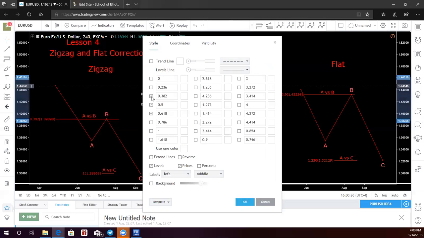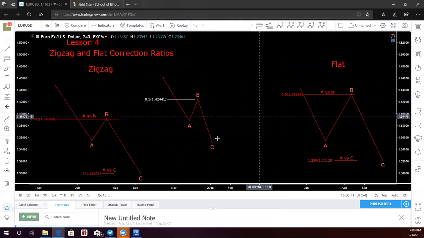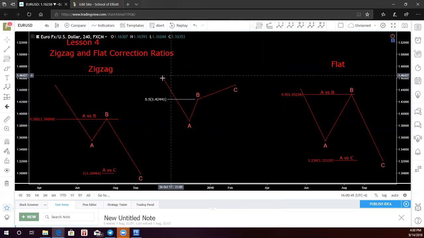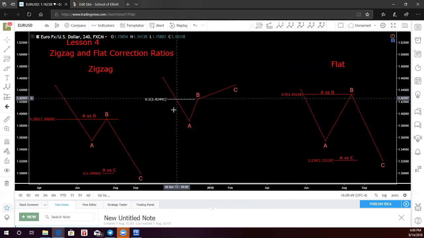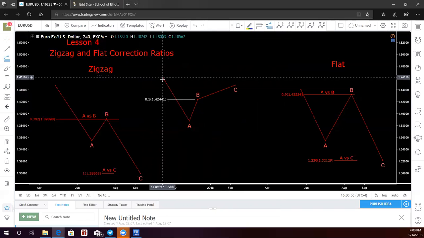So we found out our ratio for B. Now, how do we find C? C, since it is going in the same direction as the main trend, in our downtrend here of our correction, we are going to use a trend-based fib extension.